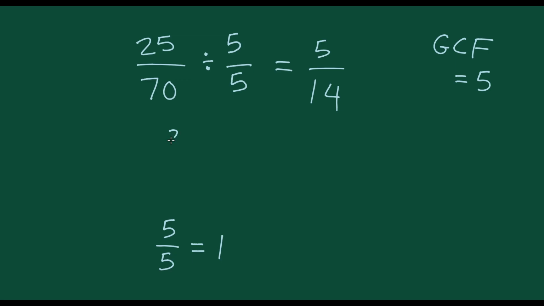We know that 25 over 70 is equivalent to 5 over 14 because of the identity property of multiplication. In this case we're dividing, but same thing. Any number times 1 is itself, and any number divided by 1 is itself. So these two fractions are equivalent.